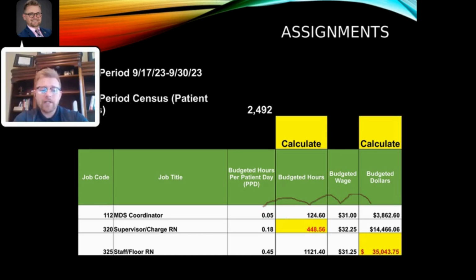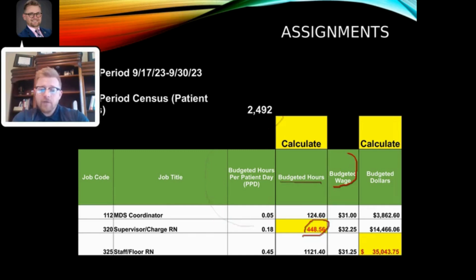So for example, right here we have job code 320, charge RN, and it tells you budget hours per patient day is 0.18. Well, I think you know what to do. There is our patient days for the period. So, what are the budgeted hours for this period? Right here, right?